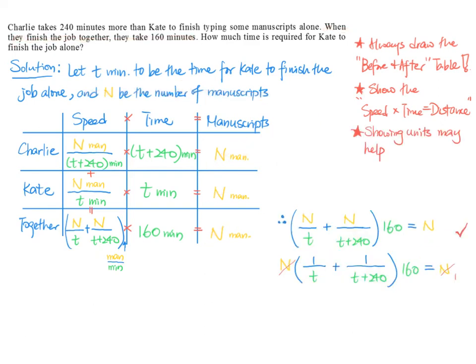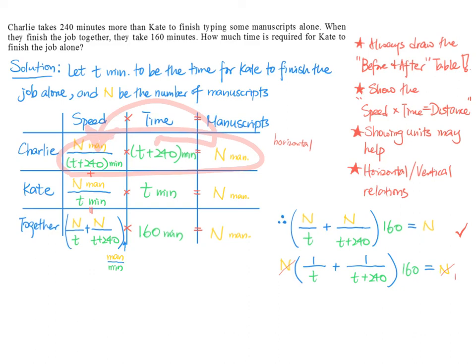Now here are some tips. Showing the units may help. For example, if you look at this, the minutes here will cancel out each other, so you end up with just the number of manuscripts. So by looking at the units, you know whether you're using the right number or not. Another thing is, how do you fill out this table? Sometimes use the horizontal relations. For example, this one, you go from here to here, right?